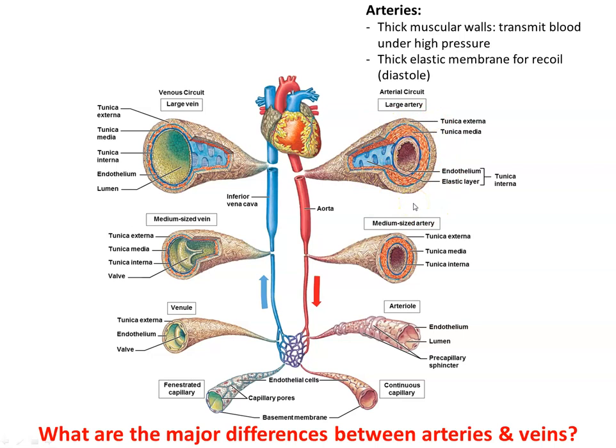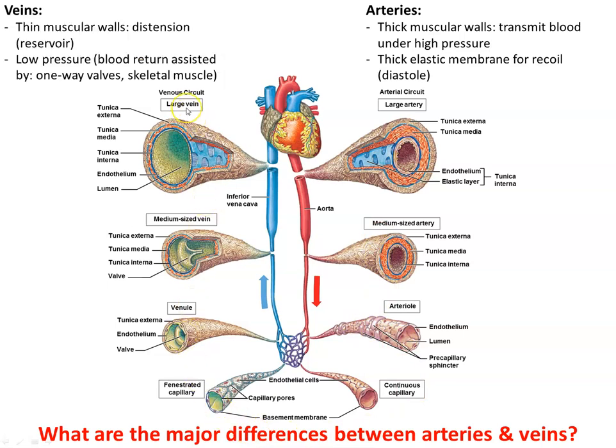Okay. Now, as we go into smaller and smaller blood vessels, arteries become smaller arteries, which become arterioles, which become capillaries, then venules, and then bigger and bigger veins, right? Veins have a thin wall. These thin walls allow a lot of stretch, a word called distension.